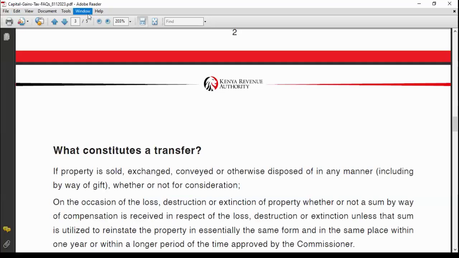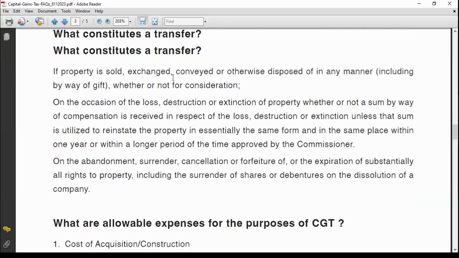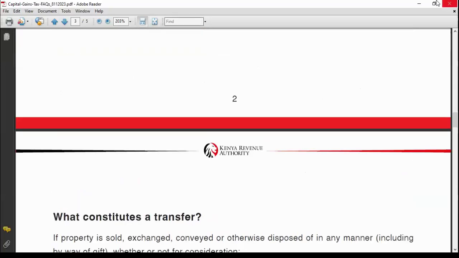I urge you to go and read it on the KRA website. And this, I think, was a straightforward question. I told you, but you carry a calculator. So we go to question 4 now.